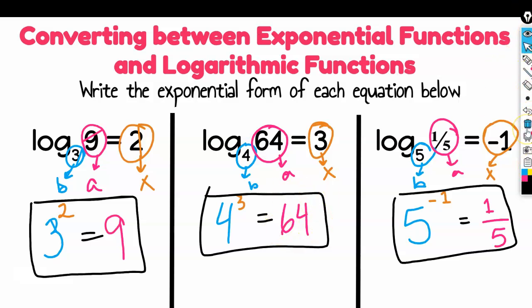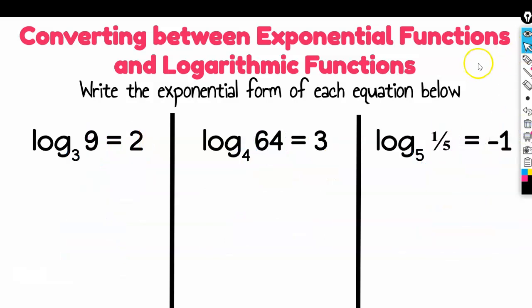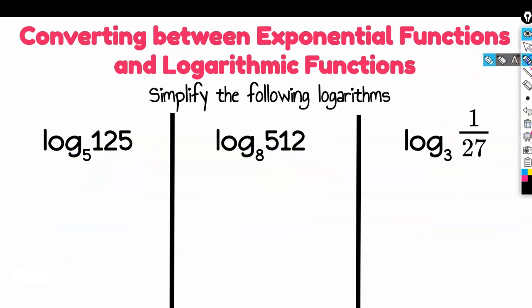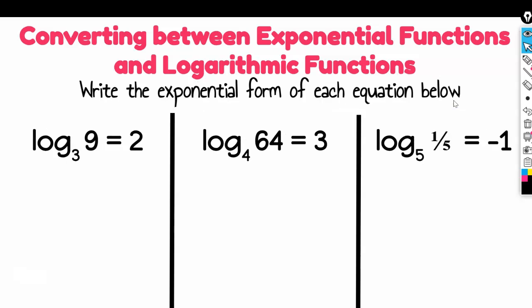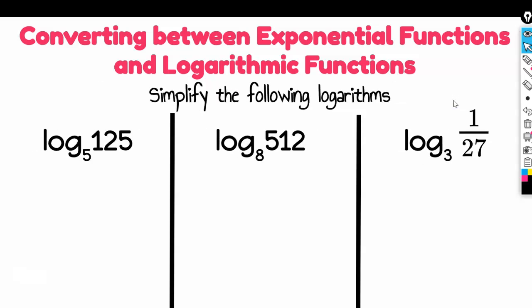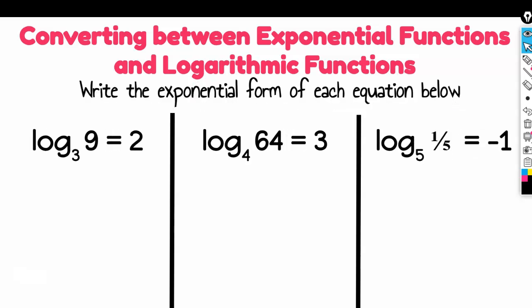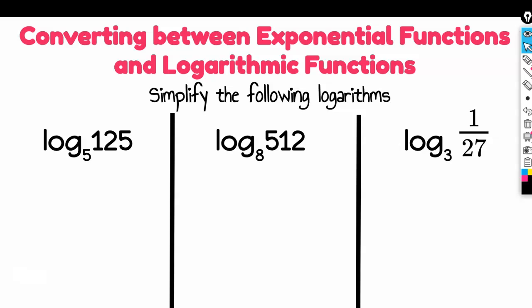Let's go on to the last set of problems. So here, what's different about this one from these problems is that these ones had an equal sign. These do not have an equal sign.